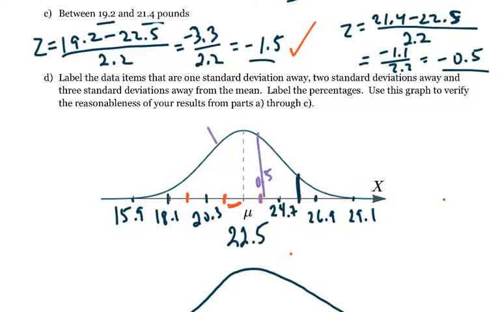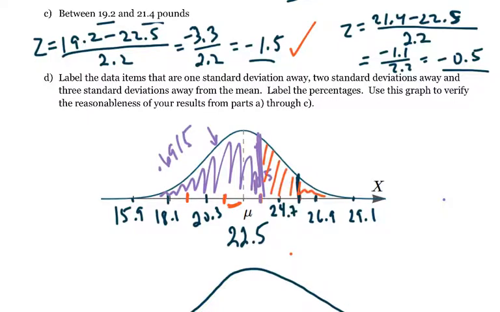Okay, so on this side, on the left-hand side, or less than that value, is 0.6915. But that means to the side that we're looking for, more than that weight, we would take 1 minus 0.6915.